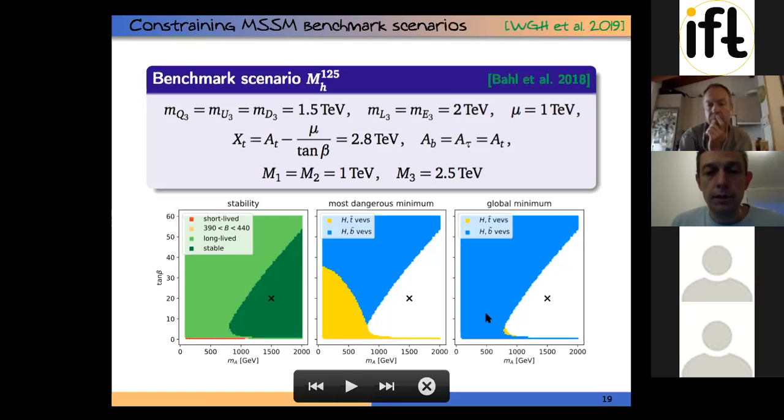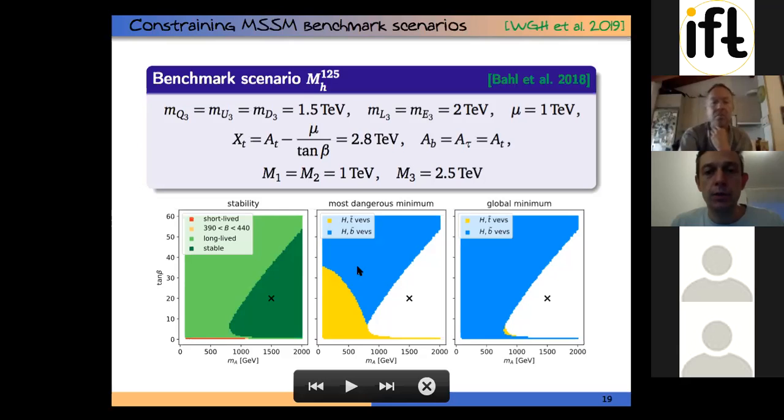And this is important if you want really to get a quantitative statement on the lifetime of the electroweak vacuum. Now, if you say, I'm only interested in the tunneling to the global vacuum, you miss this part, and then maybe you get the wrong statement.